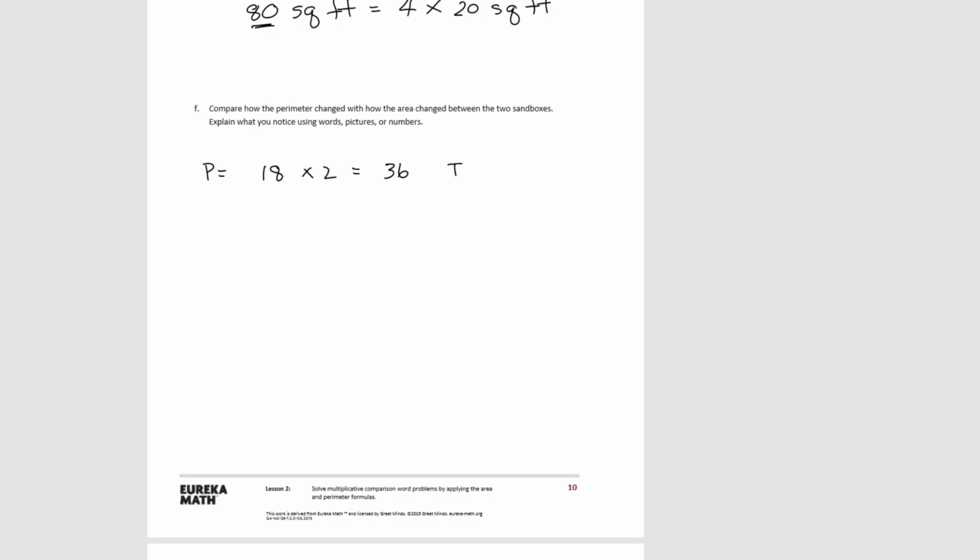So the perimeter of the park sandbox is twice Betsy's.